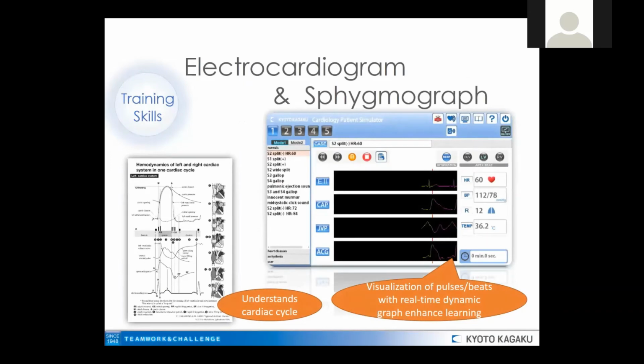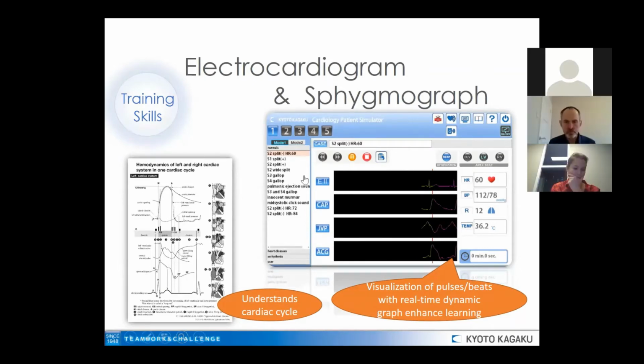And in order to provide a better understanding about all these things that students are hearing, palpating, and seeing, there is an option showing the electrocardiogram and sphygmograph that gives you the graphics in real time, which are synchronized with the sounds and pulse.